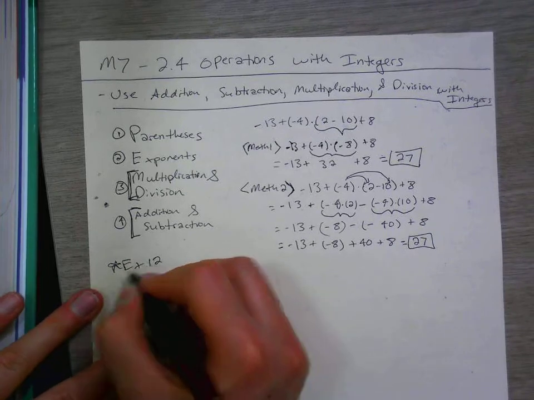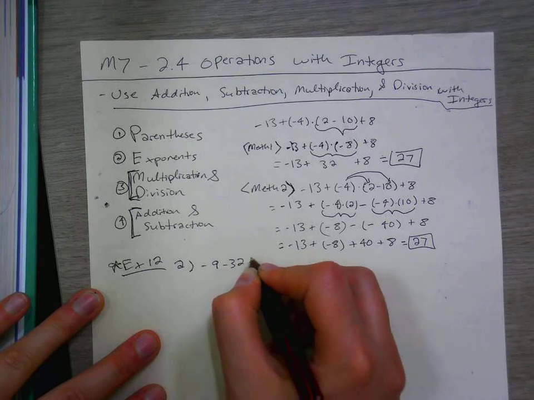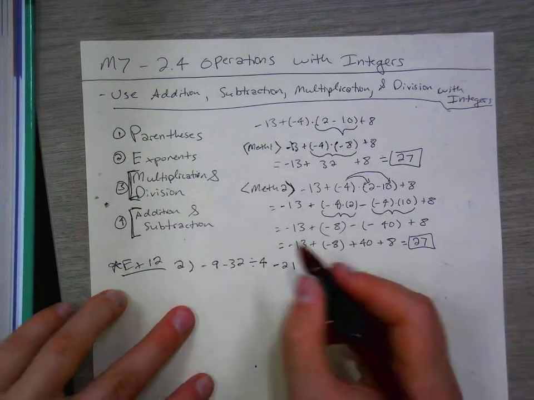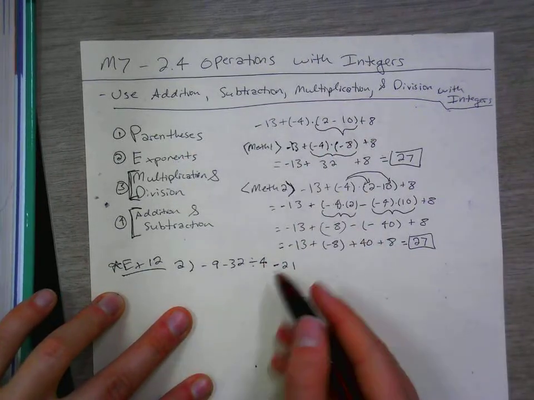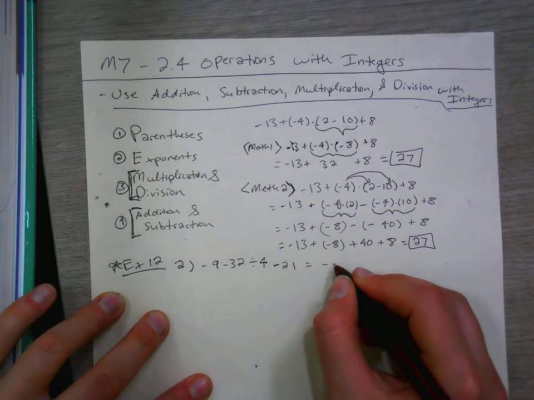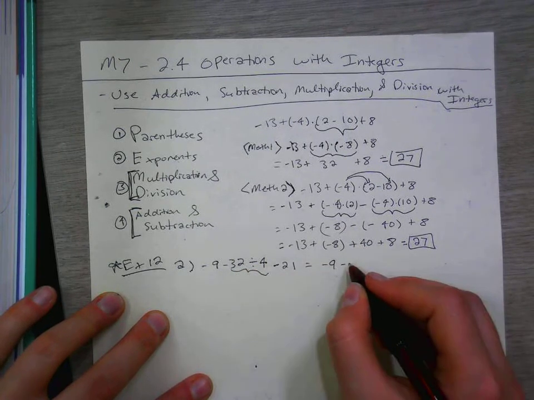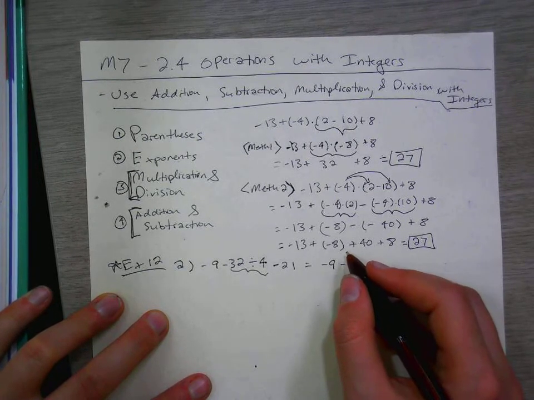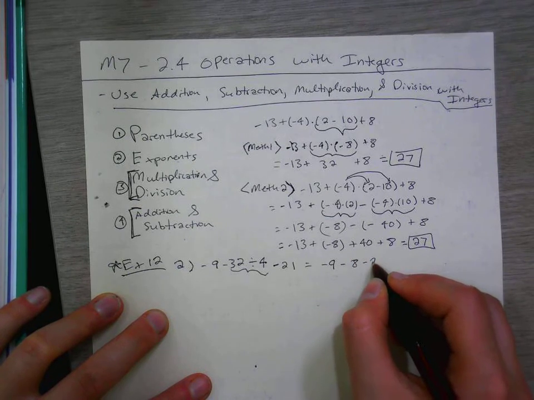Example 12a, -9 minus 32 divided by 4 minus 21. Let's follow the order of operations. Any parentheses? No. Exponents? No. Multiplication and division? Yes. Here it is. So we're going to translate that to -9 minus, then we're going to put these two together. So 32 and 4 becomes 8 minus 21.